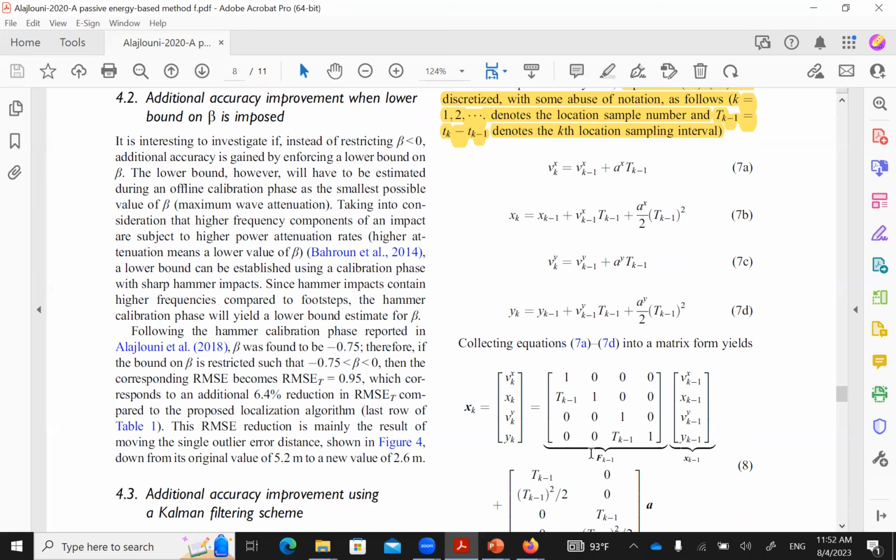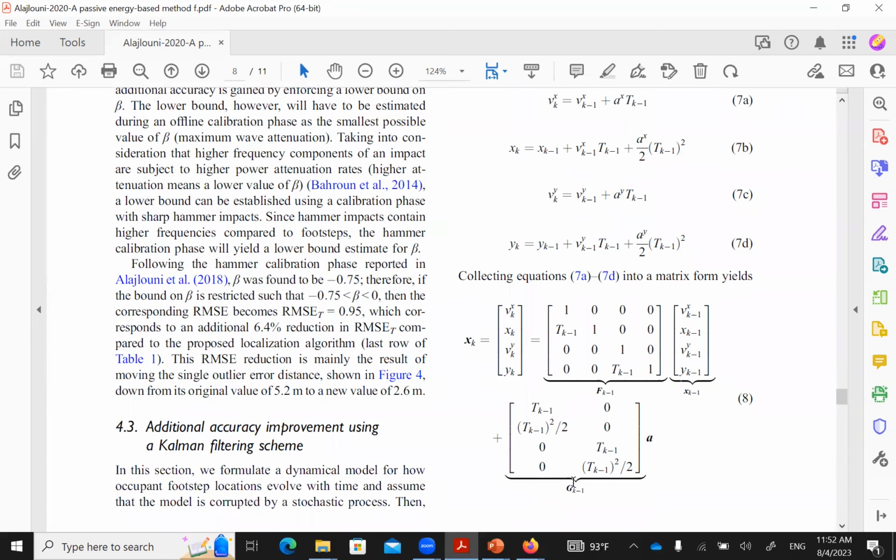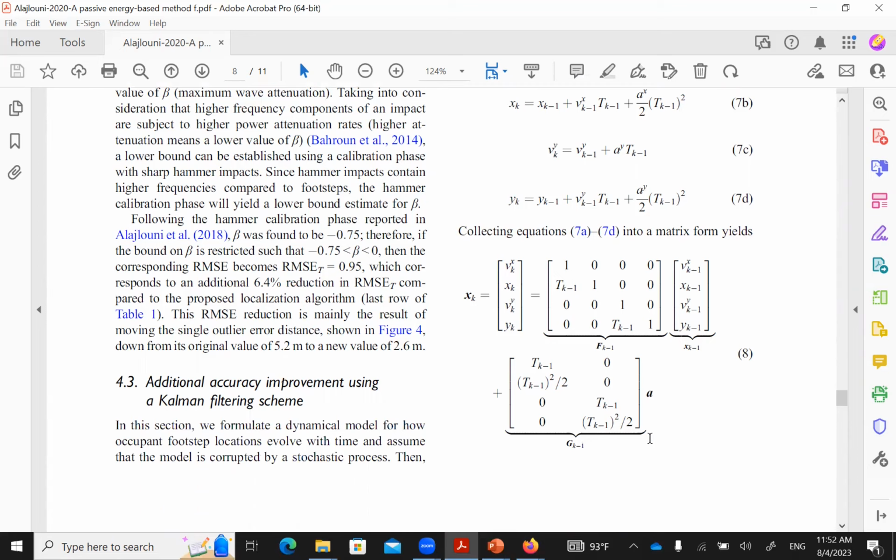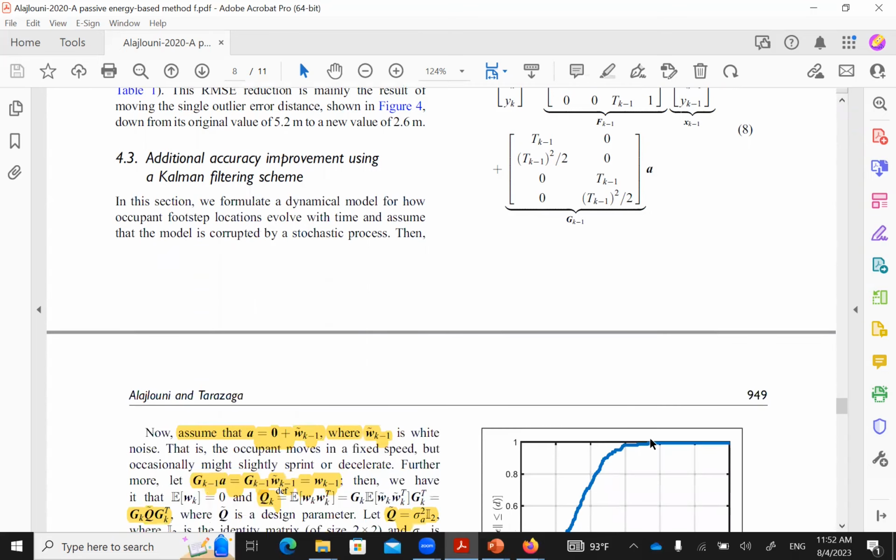And guess what this matrix is? This is x sub k minus 1, and this is the state transition matrix in our state model. Plus, we have some matrix that is multiplying acceleration. And now here's the trick.